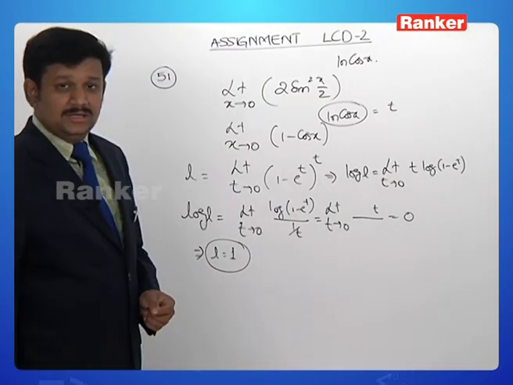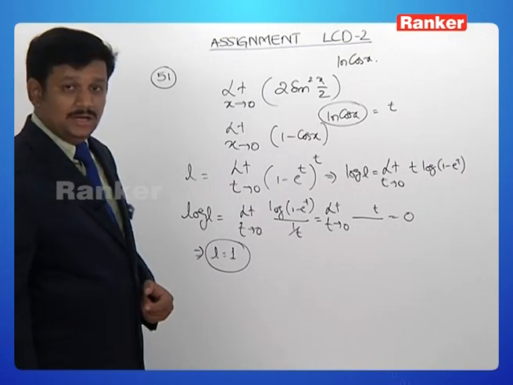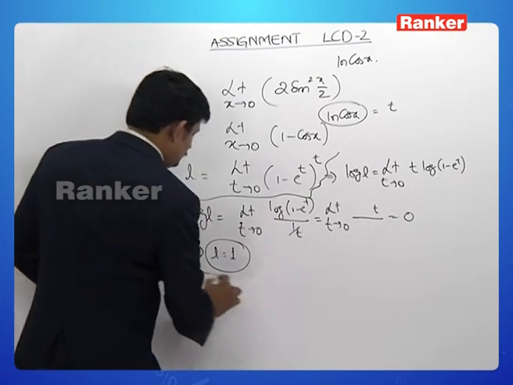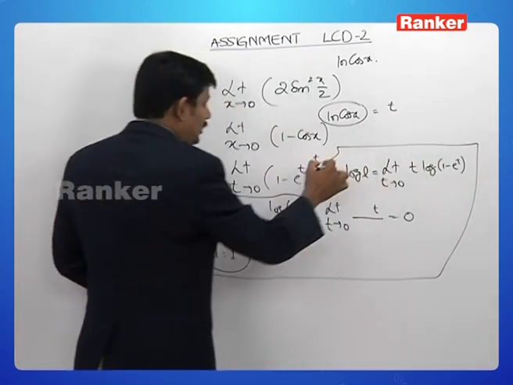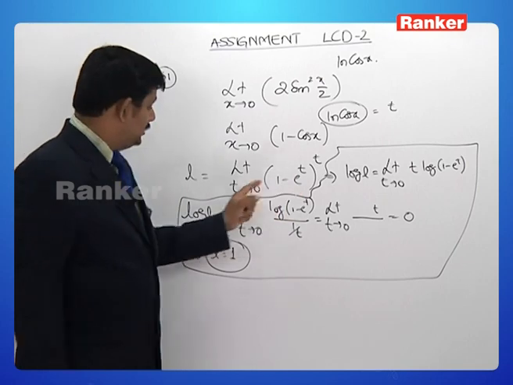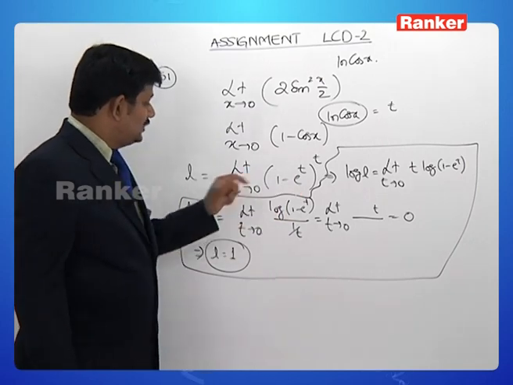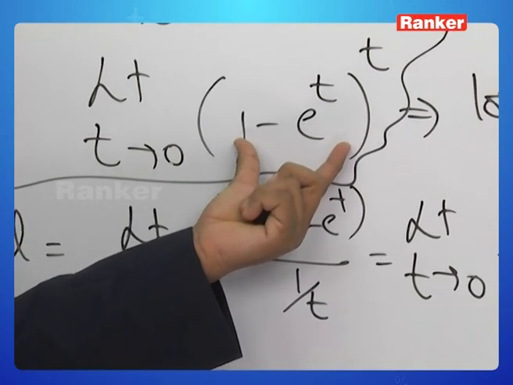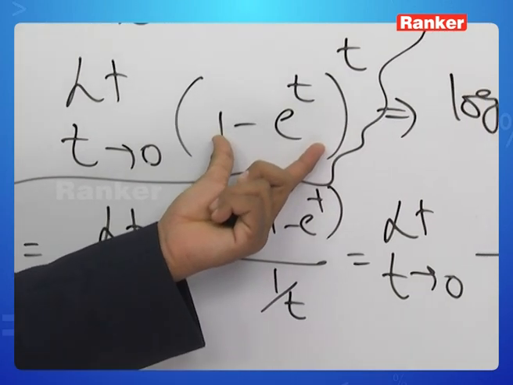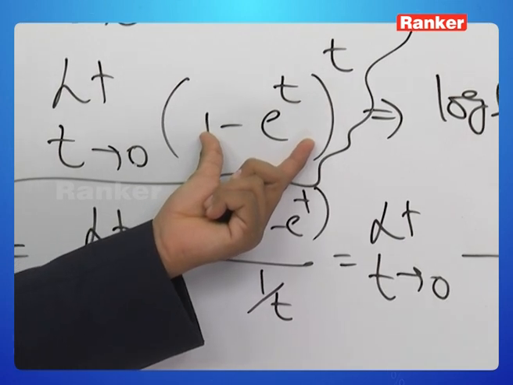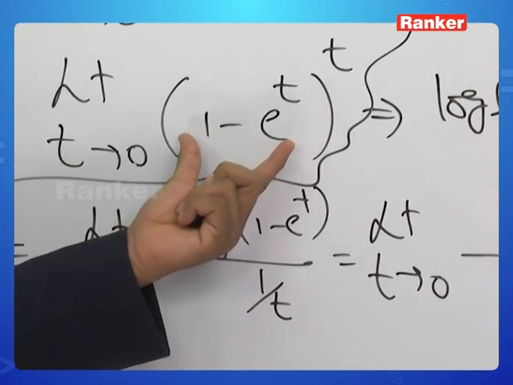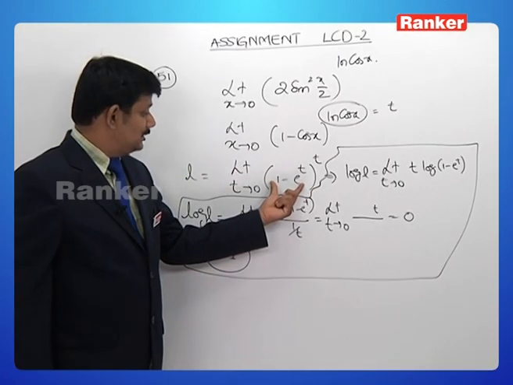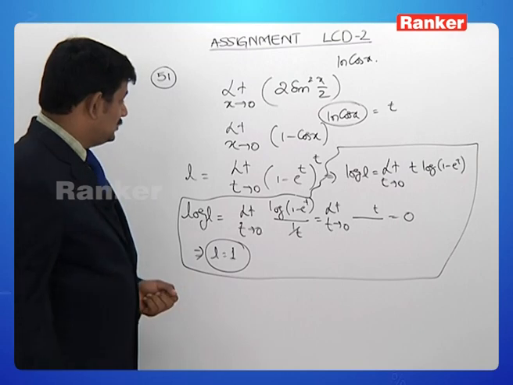This is how systematically we can do this question. Now, instead of doing all this, we could as well come to a conclusion here. We know as t tends to 0, e power t minus 1 is equivalent to t. So, this quantity can be replaced by minus t.